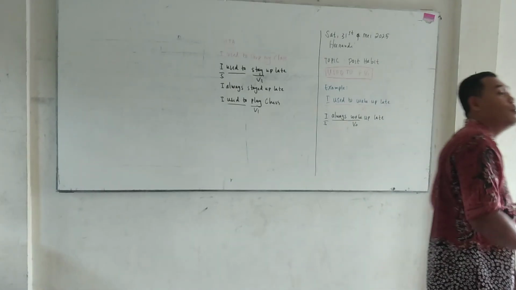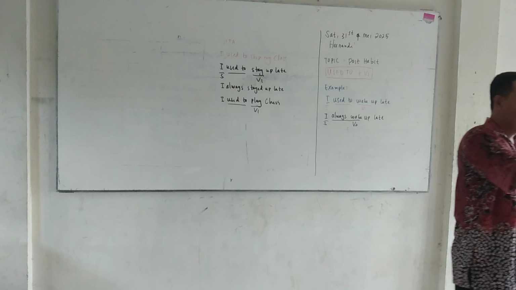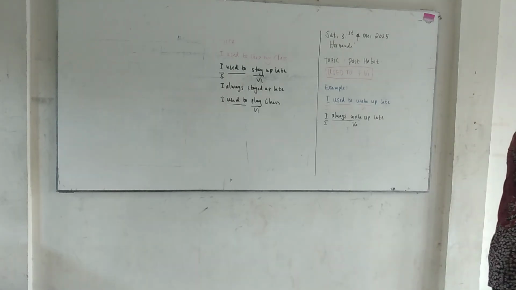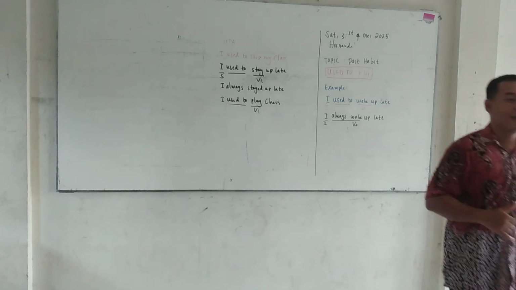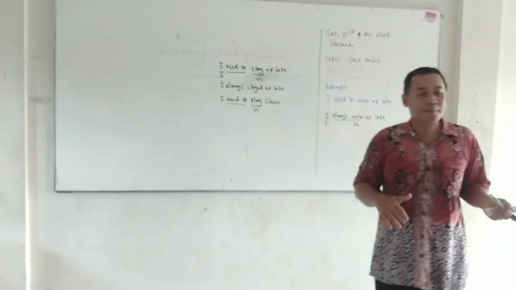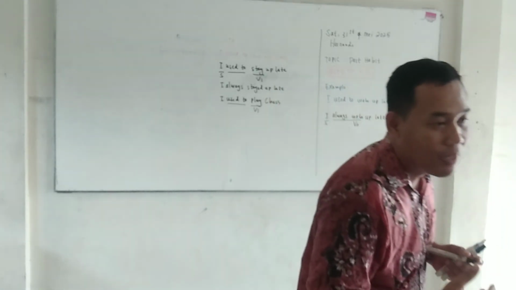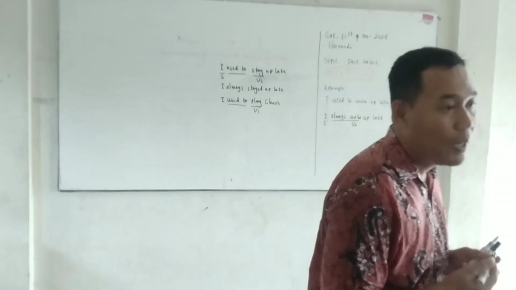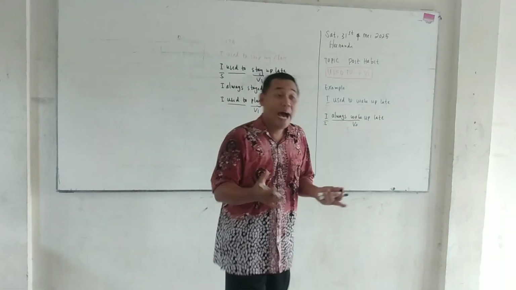Okay, please give me one more example. Anyone of you? Okay, yes. What's your name? Okay, Azahra Rizky. I used to play hide and seek. Sorry? I used to play hide and seek.